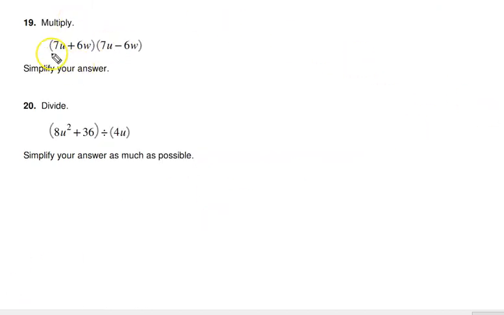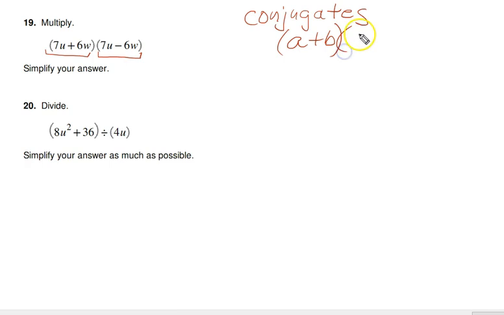Now for number 19, we want to recognize what we have here. That these are the product of the sum and difference of the same terms. When you see something like this, the terms are the same, but one's a plus, one's a minus. These are called conjugates. And the rule we said was A plus B times A minus B. These are conjugates.